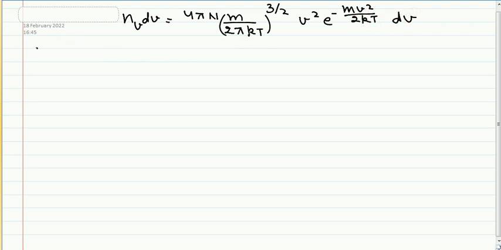And now we have to find out the root mean square speed. In short it is written as V_RMS. So what does root mean square speed mean?